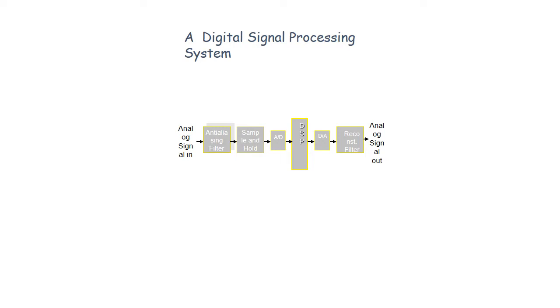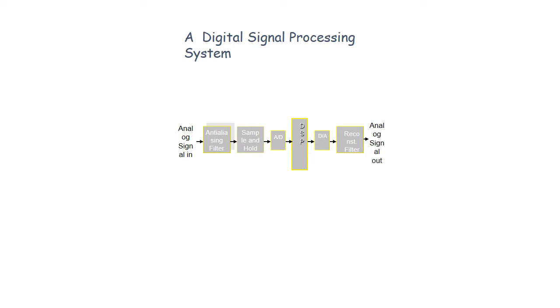After that, this output will be passed into the analog to digital conversion. This conversion converts to discrete values and passes them into the digital signal processing system. The digital signal processing system uses computers or more specialized digital signal processors to perform a wide variety of signal processing operations.